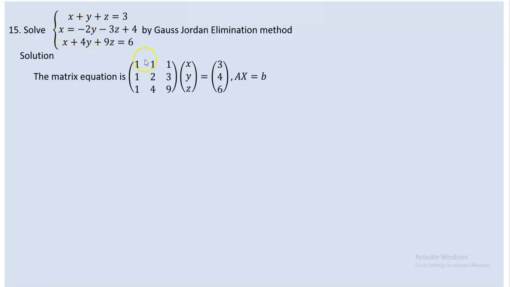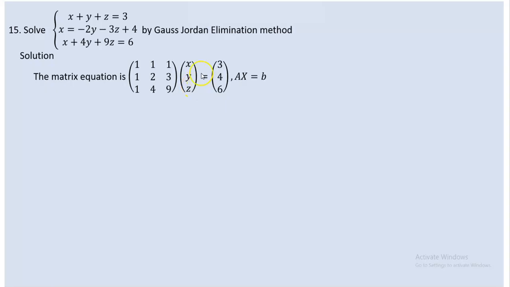So 1 2 4 is going to come for y. And the coefficient for z, here we are having 1, so bring again minus 3z to the left and it turns to be positive 3z. So 1, positive 3, and 9 can come. So the coefficients of these variables x, y, and z are taken as you see.